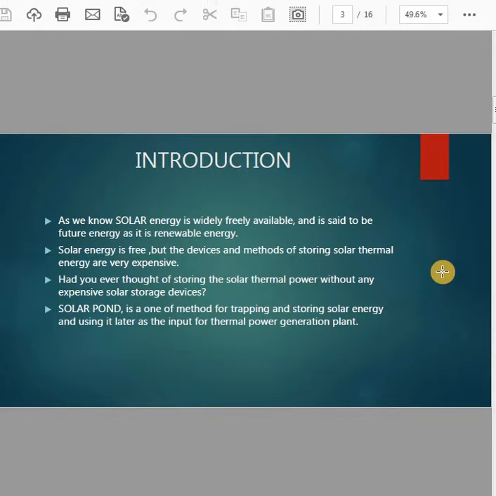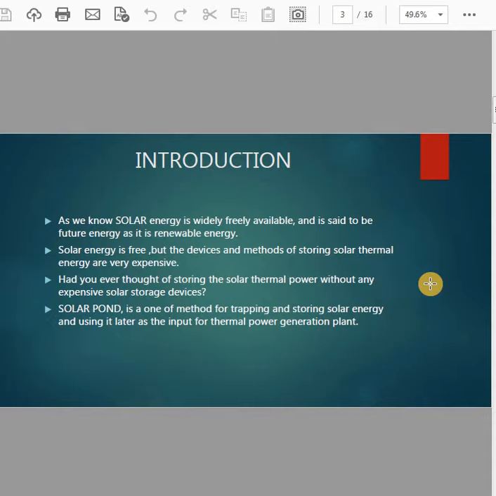Now after that we have the solar pond and its application. As we know, solar energy is a free energy available in the atmosphere, and it is a major source of renewable energy.